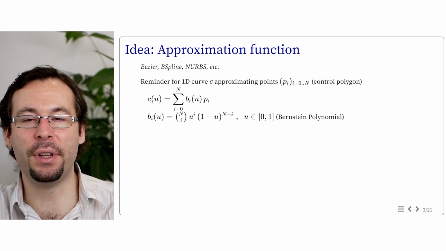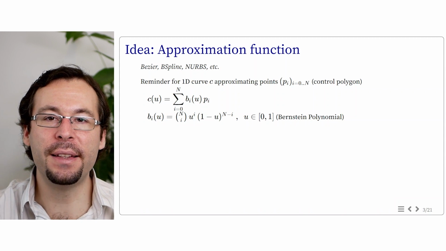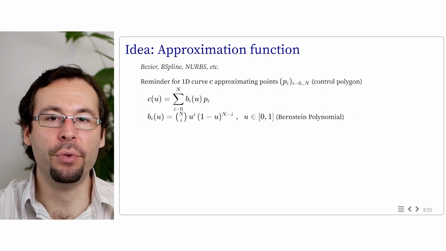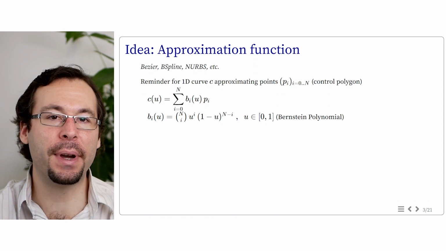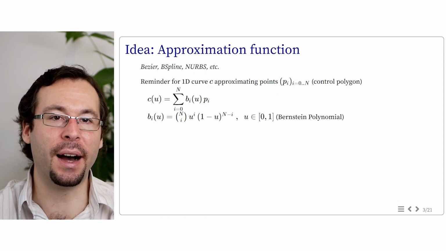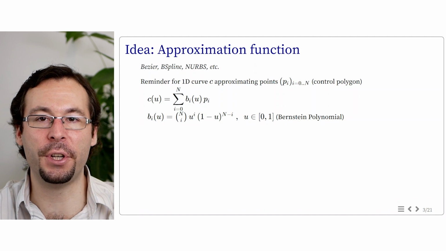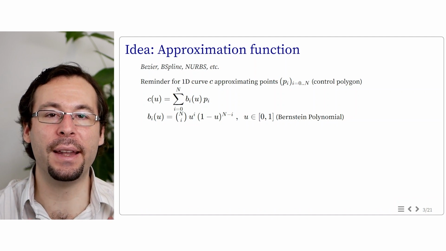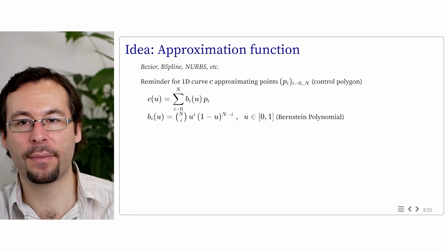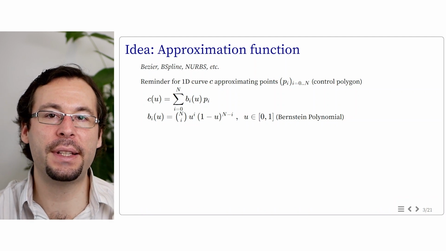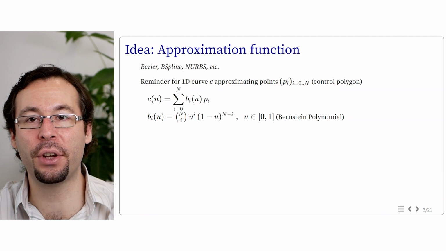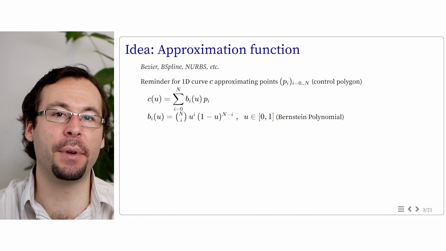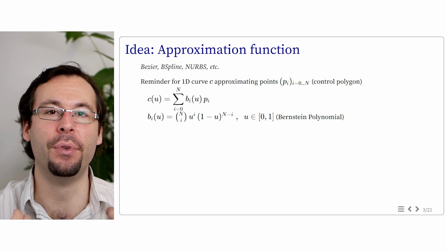The Bernstein polynomials are nCi, u to the power of i, 1 minus u to the power of n minus i, and nCi are the binomial coefficients of i among n choices. So this function C of u can also be understood as the 1D deformation of the unit straight segment between 0 and 1 into C.